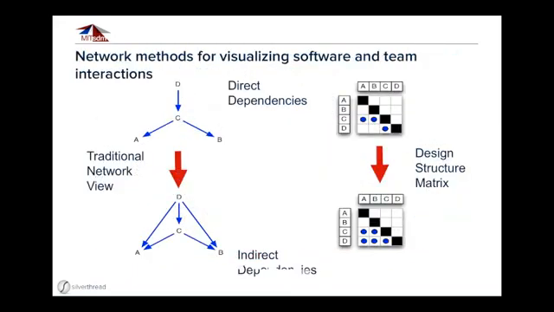This is just an aside, but let's get some notation out of the way. If we're thinking about networks, there are a few different ways to do it. These are two of them. Traditionally, when you think about a network of anything, you might see the pictures on the left.